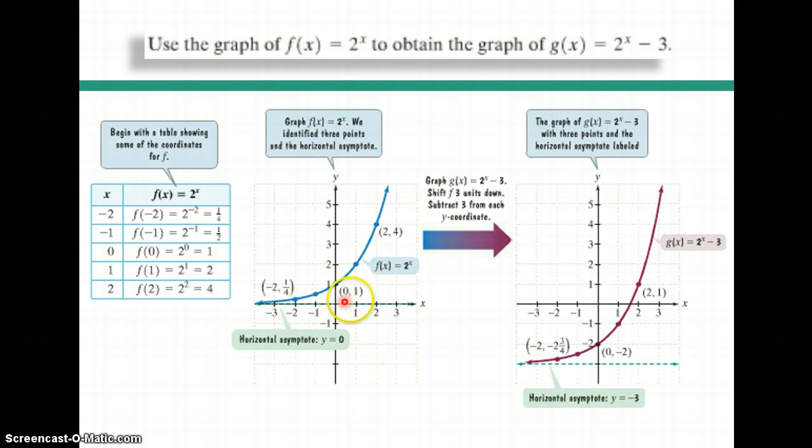The horizontal line y equal to 0 is the asymptote, which does not touch the graph but gets closer and closer when the value of x gets very small or very large.